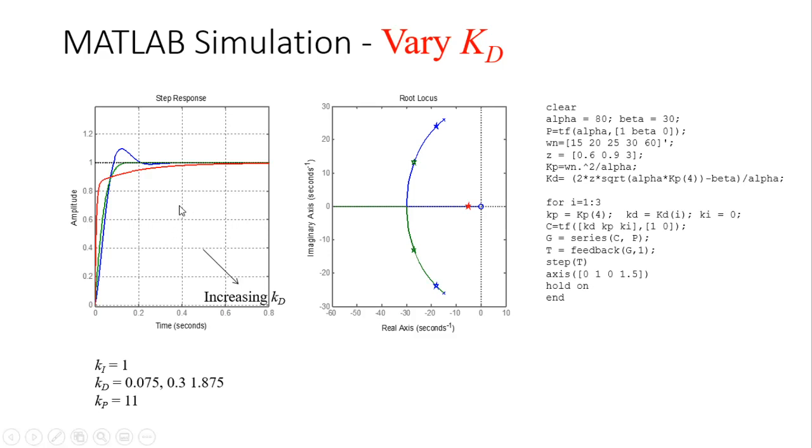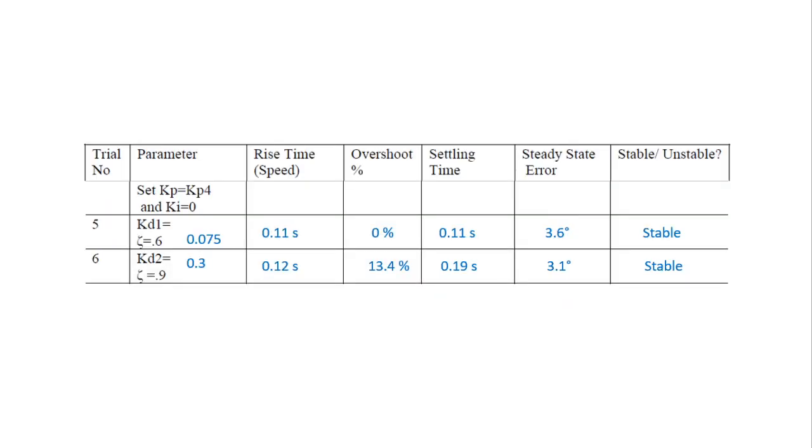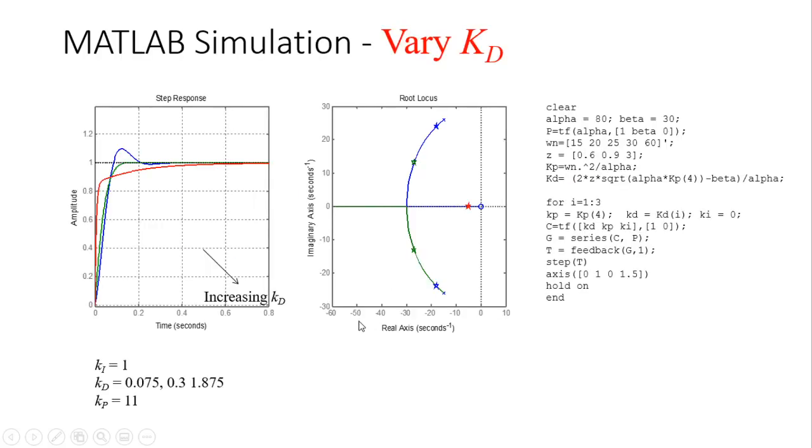This is a MATLAB simulation of those three cases, in the direction of increasing Kd. I think I might have put these numbers wrong. I better fix that, but it's a little too late now.